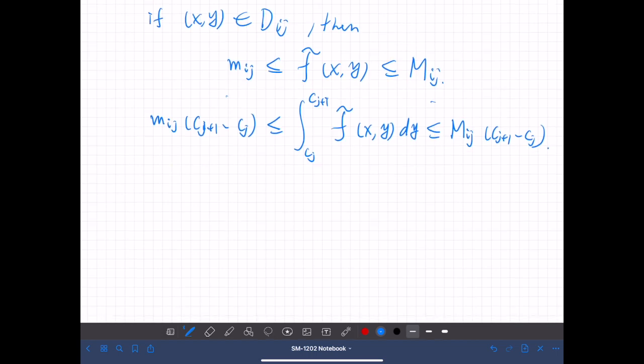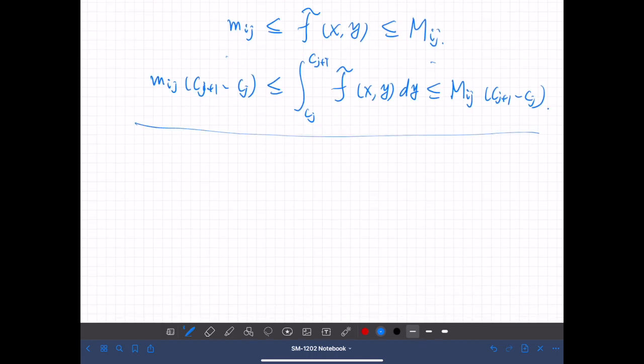Next, we integrate these with respect to x from ai to ai plus 1.